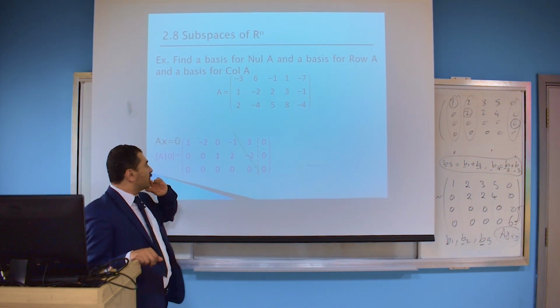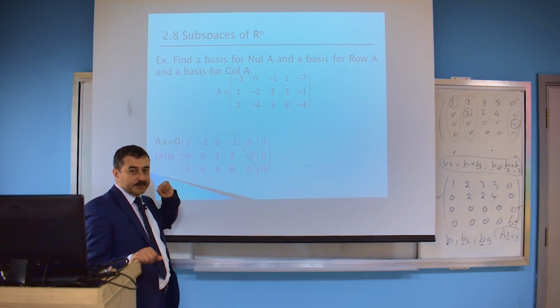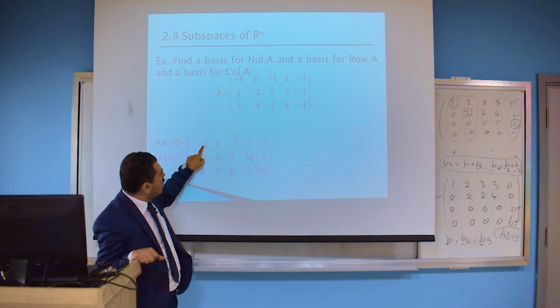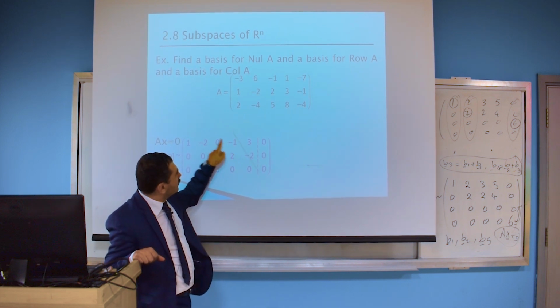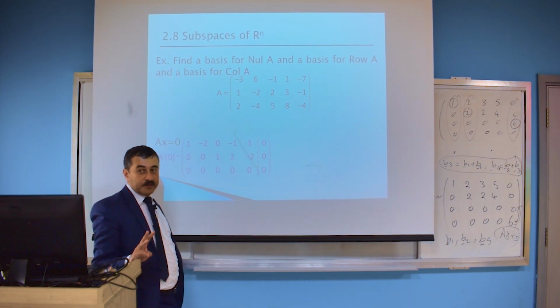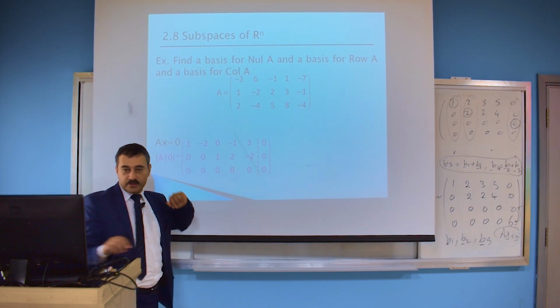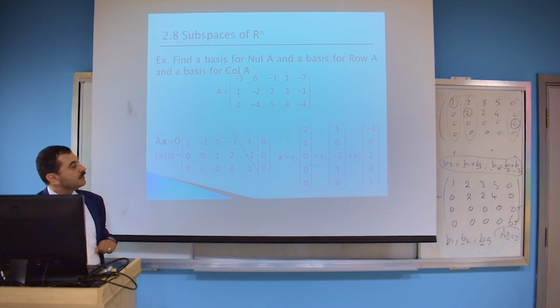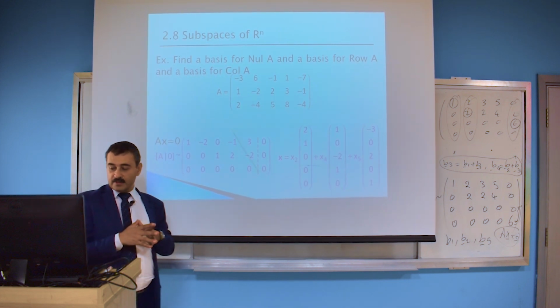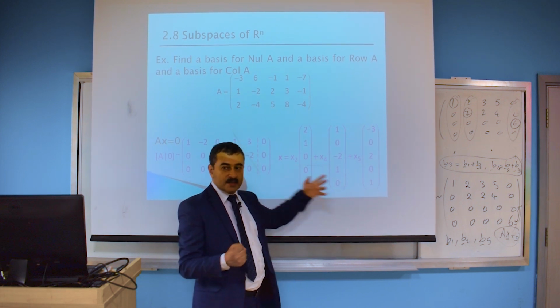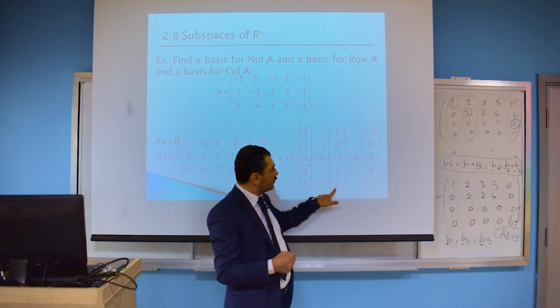According to this matrix, what are the free variables? X2, X4, and X5. So you have 3 free variables. And then you write your pivot variables, X1 and X3, subject to the free variables. You get something like this. So this is your null space. And the basis for null space is the set of these vectors.